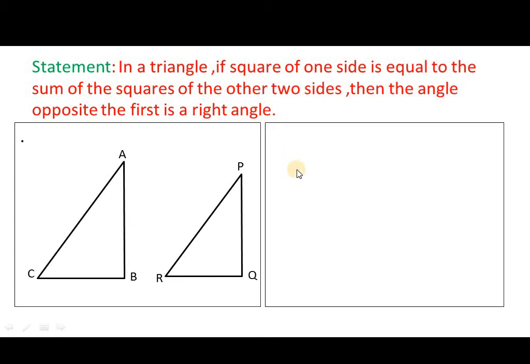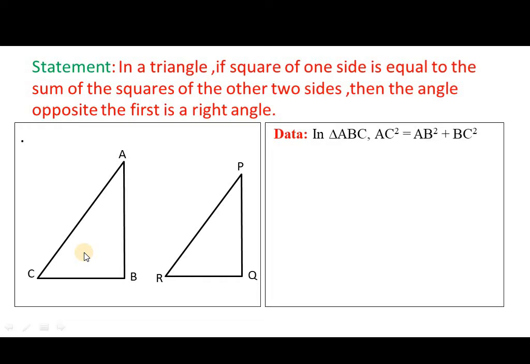So let us see what is given in the statement. In the triangle ABC and in the triangle PQR, in the triangle ABC, AC square is equal to AB square plus BC square.